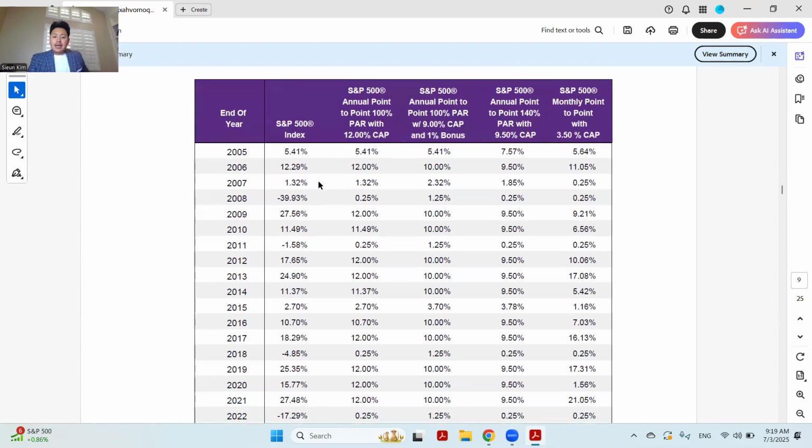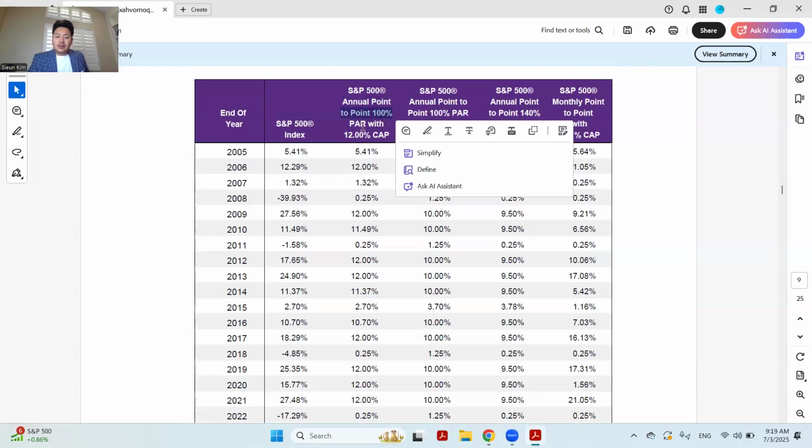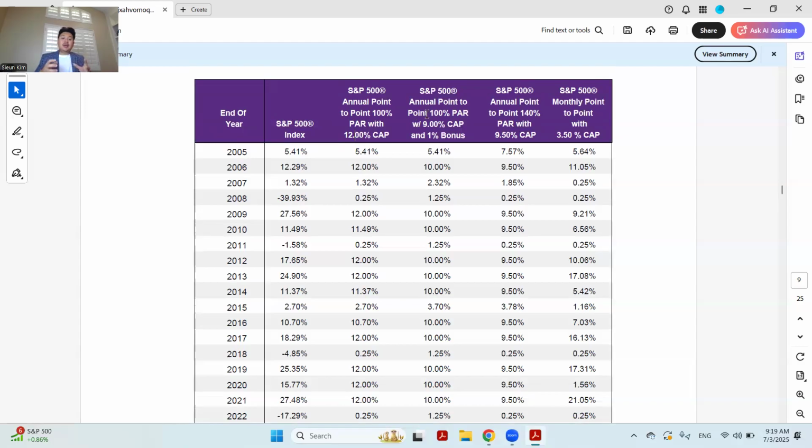Okay. To the right side, this is the index universal life with fidelity and guarantees indexes. So our client's money is not going straight into the S&P 500 in the stock market. Our client's money goes into a separate account that mirrors the S&P 500. So if the market does well, client gets interest.